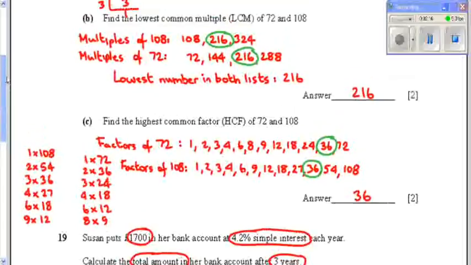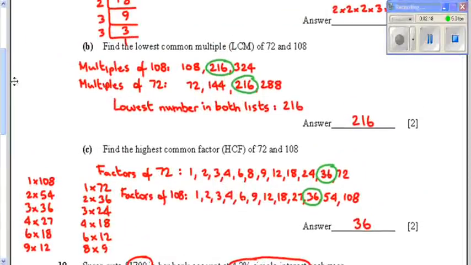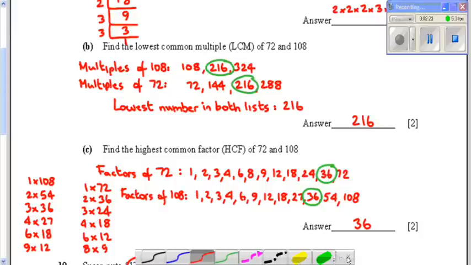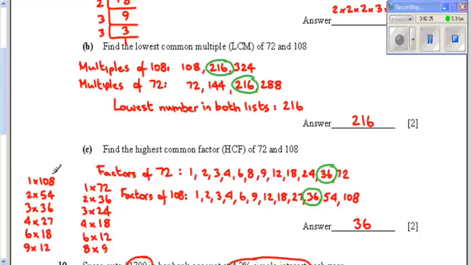Part C here then is the highest common factor of 72 and 108. So we can see here that the factors of 72, we usually write this out like this to make sure we don't forget any factors. 1 times 72, 2 times 36 gives 72, 3 times 24 makes 72, 4 times 18 makes 72, 6 times 12 makes 72, and 8 times 9 makes 72.